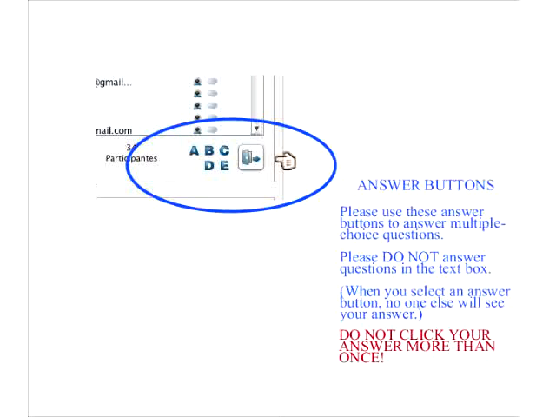But also, number two, if you answer in the text box, then everybody else will see that answer as soon as it goes up. And that's not great in terms of people's individual efforts to solve the problem. So please use the answer buttons to answer the questions.